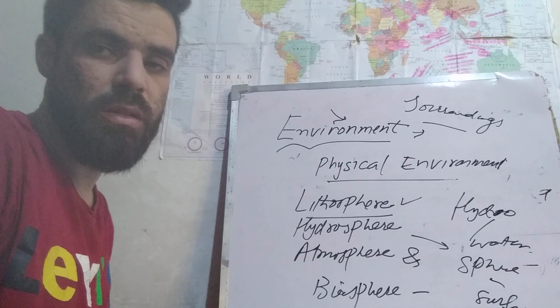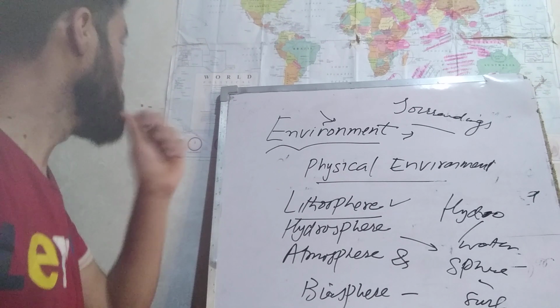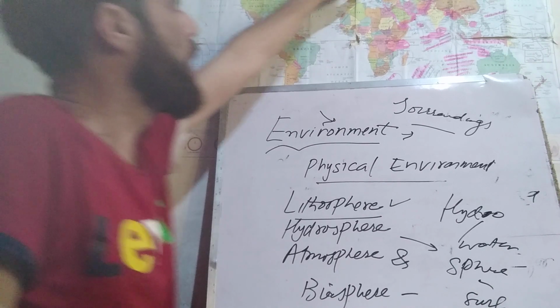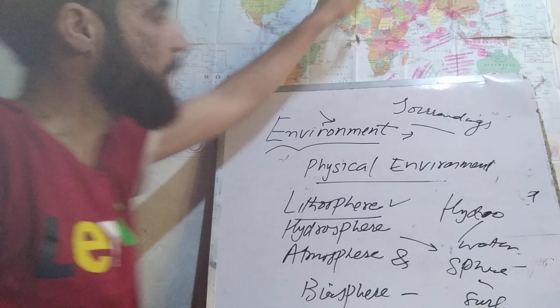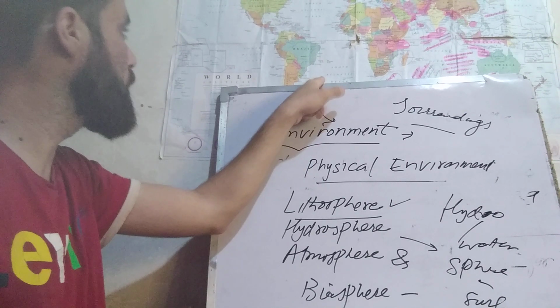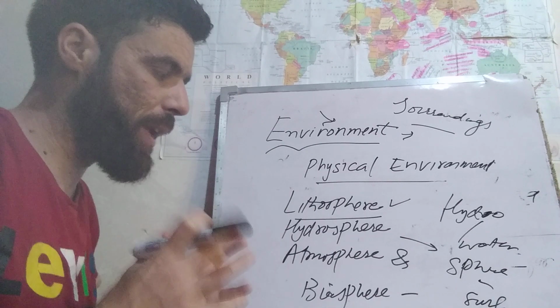We have oceans, and recently another ocean has been found. Here we have Arctic Ocean, North Atlantic Ocean, South Atlantic Ocean, and Pacific Ocean. Broadly, there are four big oceans.